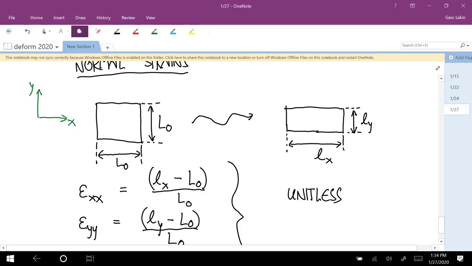So you get 1.3 minus 1 divided by 1 gives you a strain of like 0.3 instead of 0.0001. So this isn't anywhere near the ballpark. I could spend all day trying to draw a deformation that was in that range. If it's visible, it's not in the range that's acceptable.